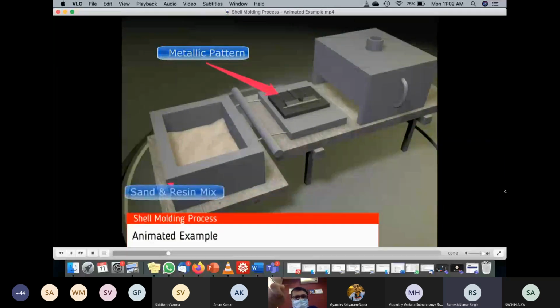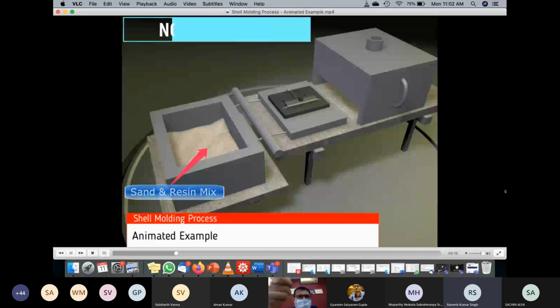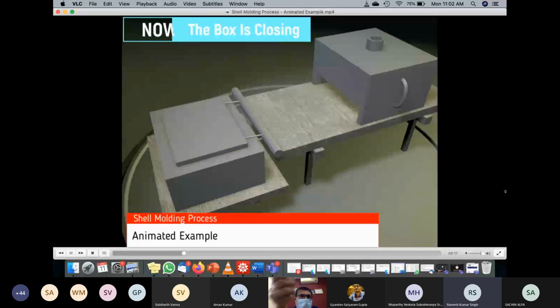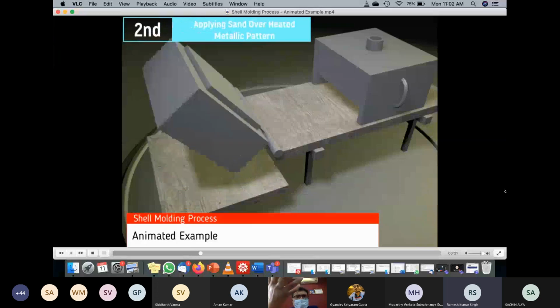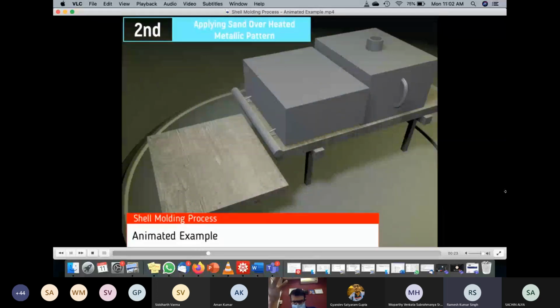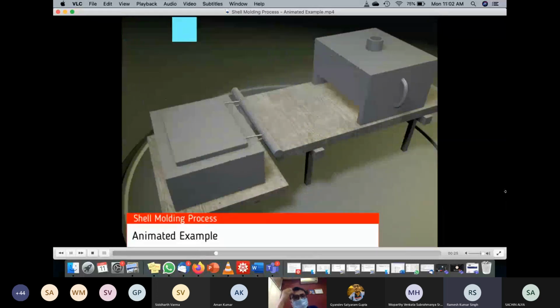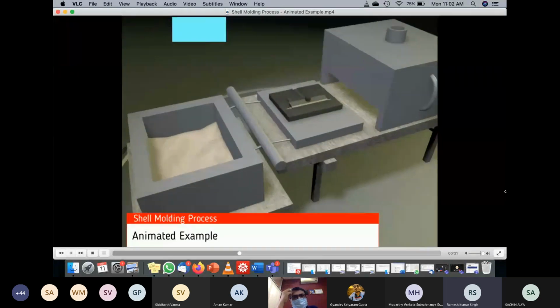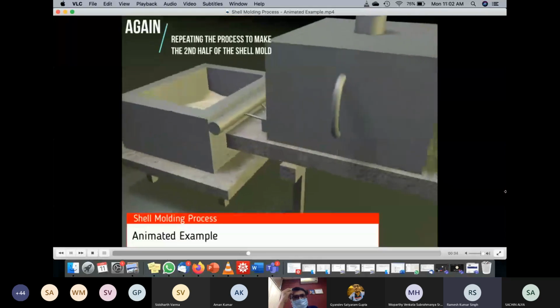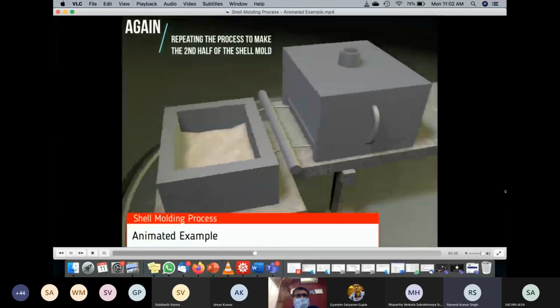You heat the metallic pattern and you have a sand and resin mix. So it will go ahead and stick to it. And then you get a second half of it.